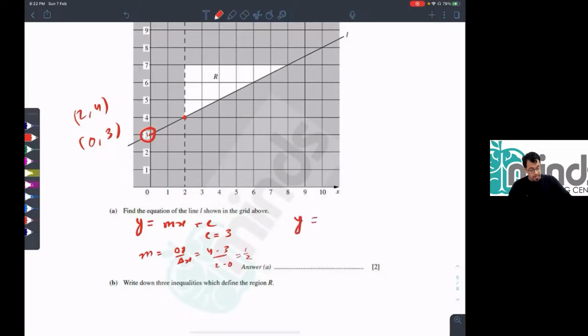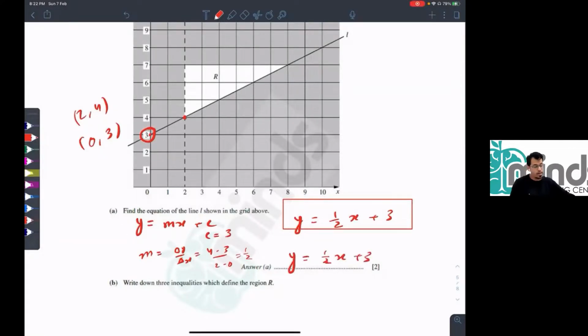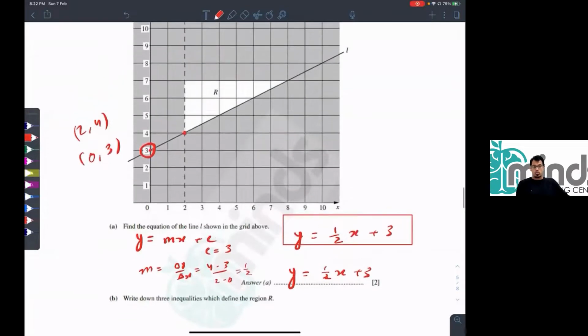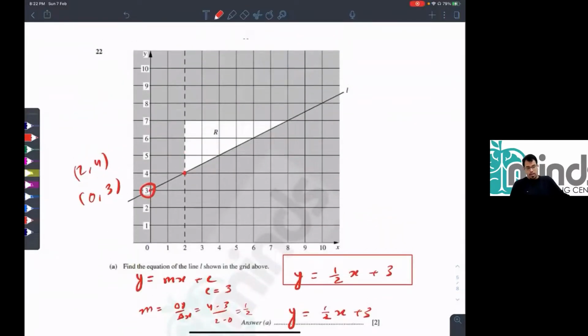So y is equal to mx plus c. How many of you are actually getting the same equation? y equals half x plus 3. That's great. All of you are getting it right. Write down the 3 inequalities which define the region R. So one is pretty sure because you got the equation of L. The region is above the line.